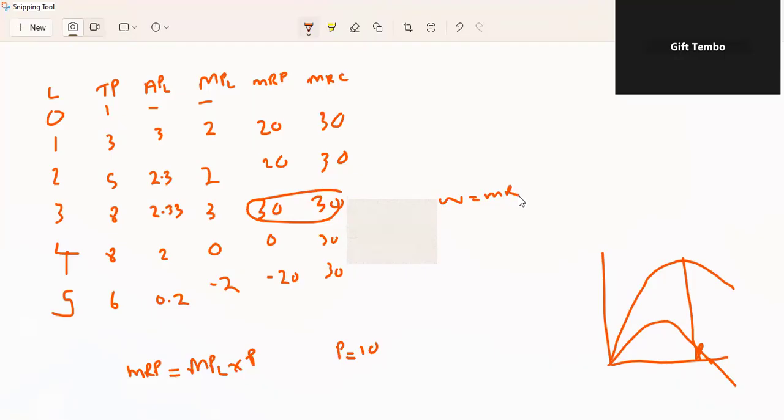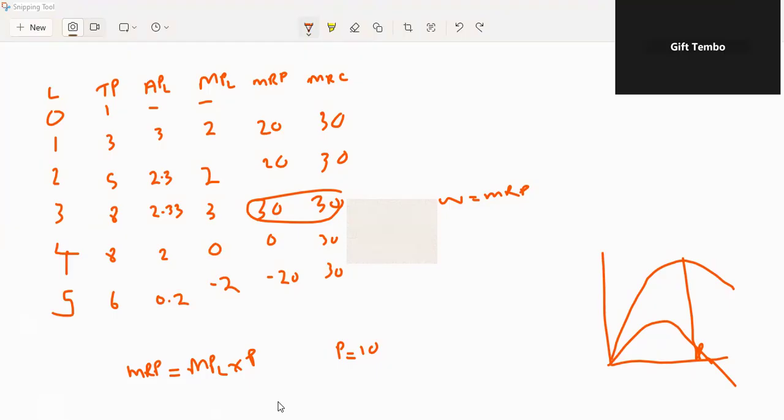So sometimes the question will come to calculate the number of what? Workers to employ. So we employ when it is equal. All right. Are we together? Yes.